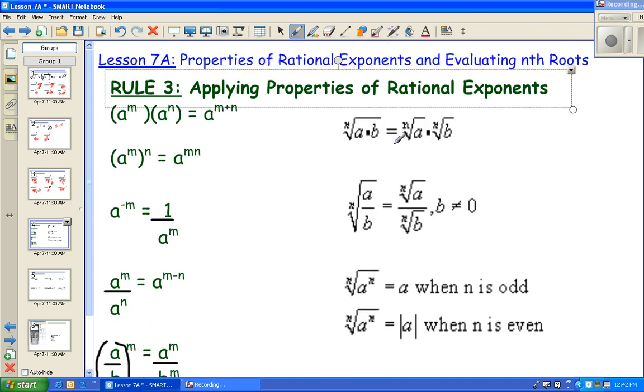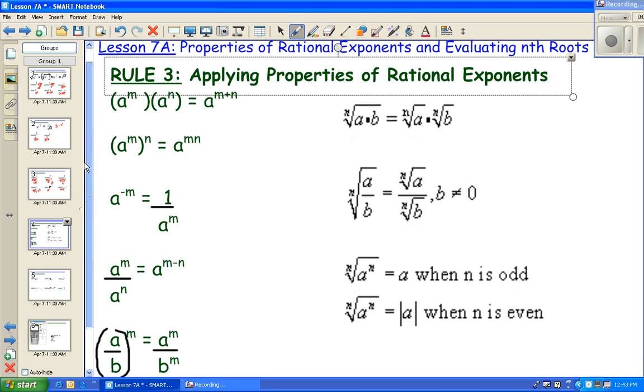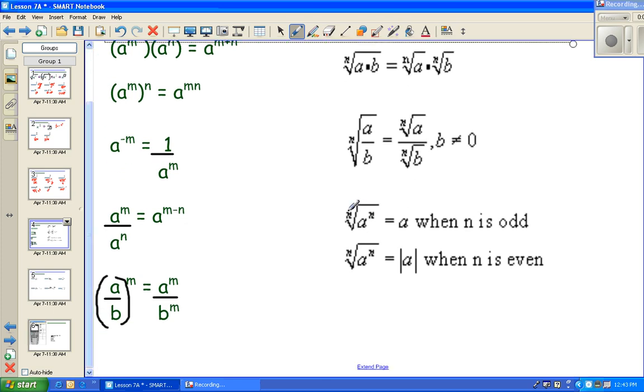But if we apply those rules to radicals as well, this just says that every term on the inside of that radical belongs to there, so you can break it apart. Quotient's the same rule, but you had this little disclaimer here that your denominator can't equal 0. And you need to know that indexes cancel out exponents.